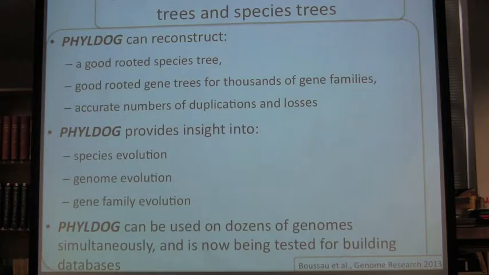And it also allows you to get accurate numbers of duplications and losses, although I've not shown you the results for this part there. And because of that, you may be able to learn something about species evolution, genome evolution, and gene family evolution when you use Phylogenetic on your data. And it can be used on large data sets.